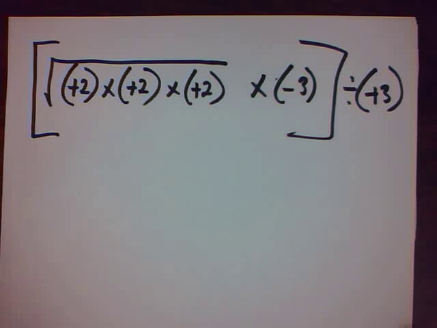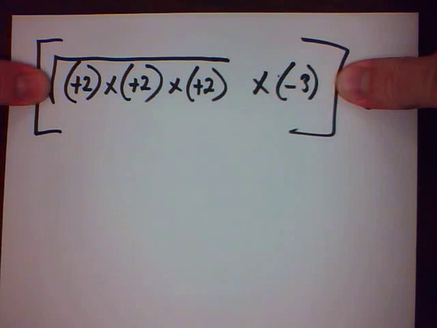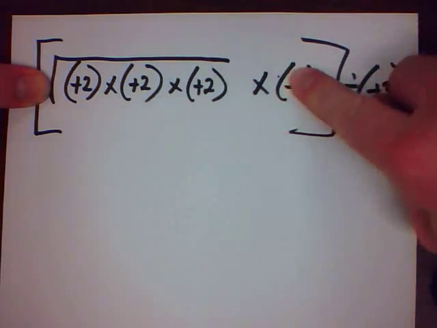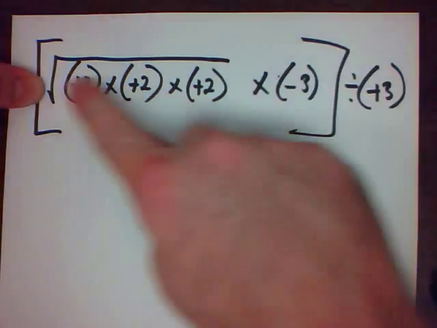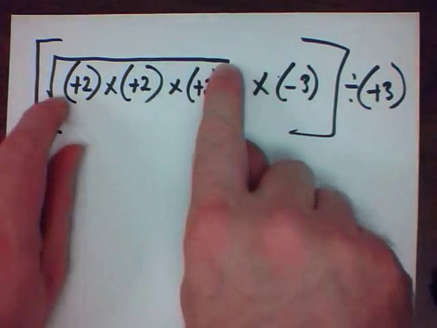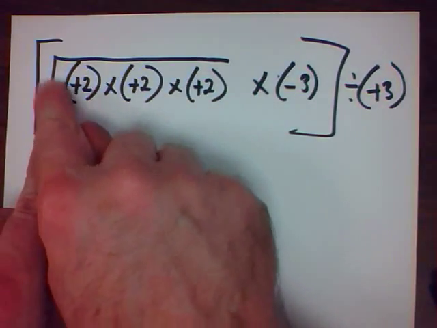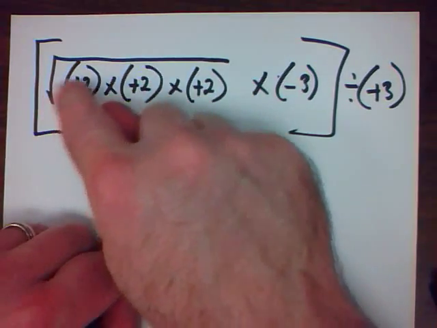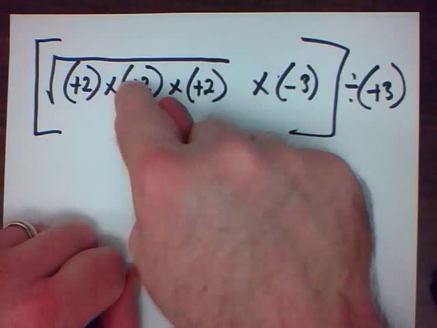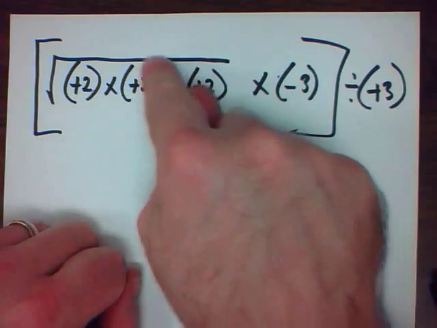BEDMAS. I'm going to go to brackets first. Here I am, inside the brackets. I'm going to do BEDMAS again, looking for brackets. Here's brackets, nothing to do. I've got a bunch of brackets here, nothing to do. Looking for exponents and roots. Here is an exponent or root, but I can't actually do the exponent or root first because there's all this other stuff underneath it. So I'm actually going to do the stuff underneath the root first.